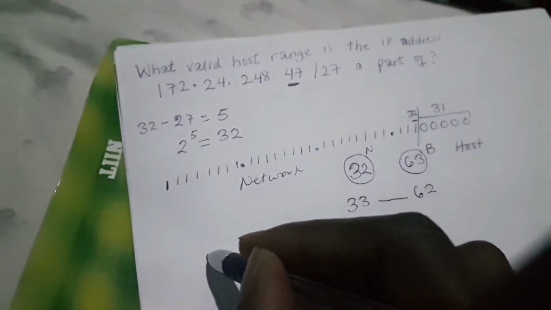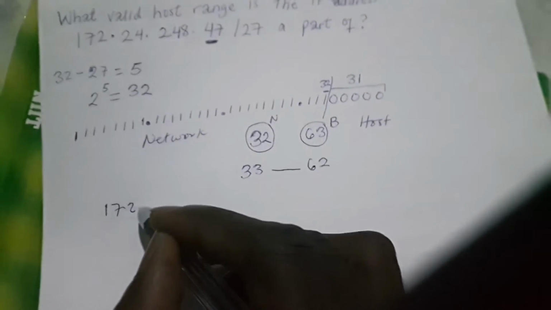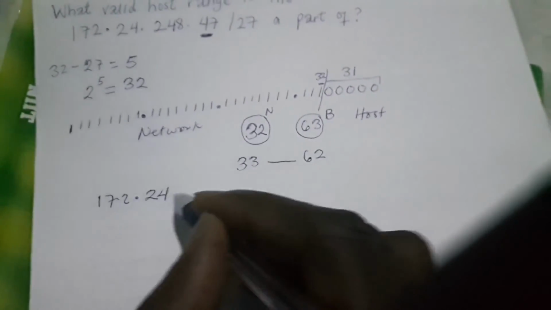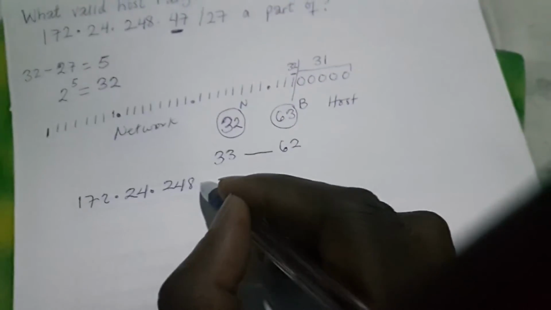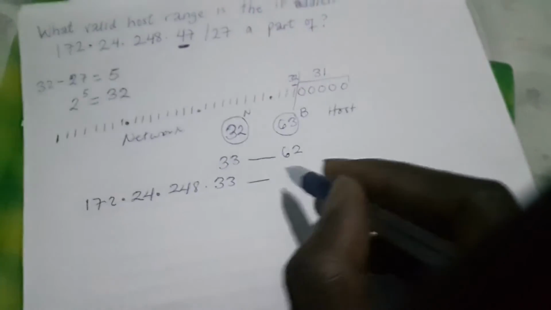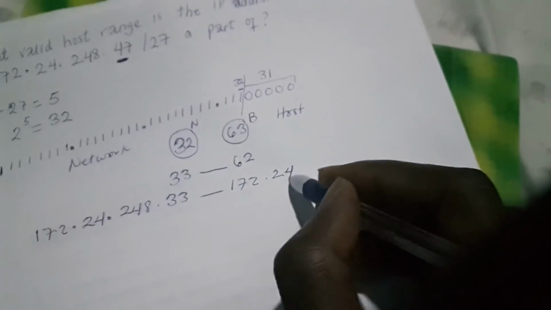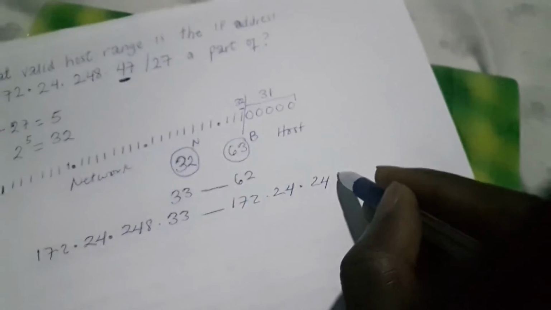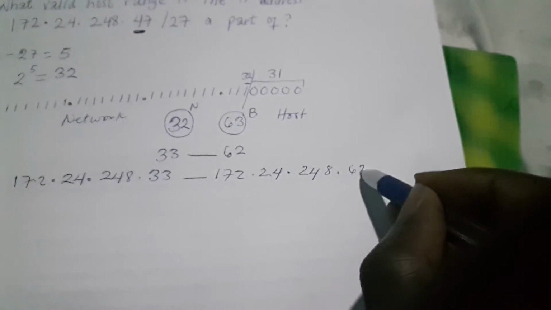Our valid host range, if you are writing a range, is going to be 172.24.248.33 to 172.24.248.62.